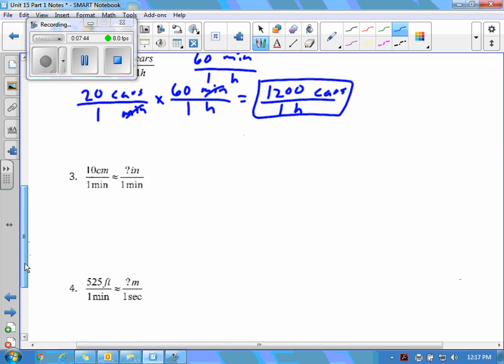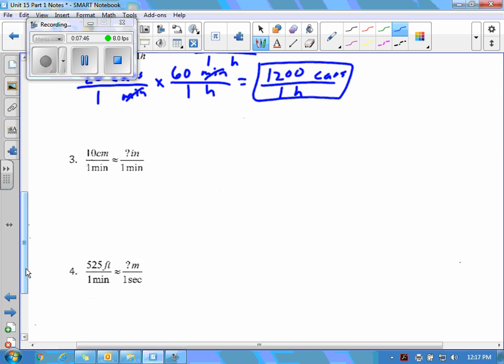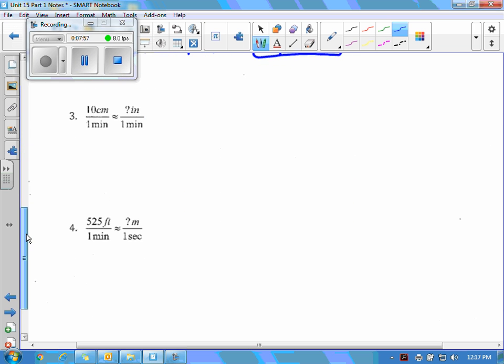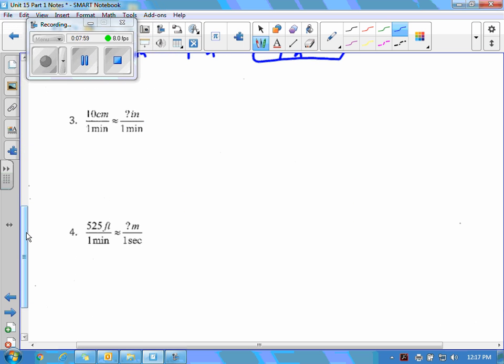All right, looking at the next one, I have 10 centimeters over 1 minute is approximately how many inches over 1 minute. Okay, so if you notice for number 1 and number 2 we had an equal sign because these were exact conversions. 3 and 4 have approximation signs because we don't know if it's exactly going to be one. So I need to start by rewriting the original.